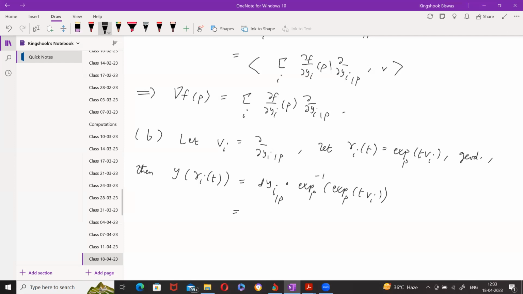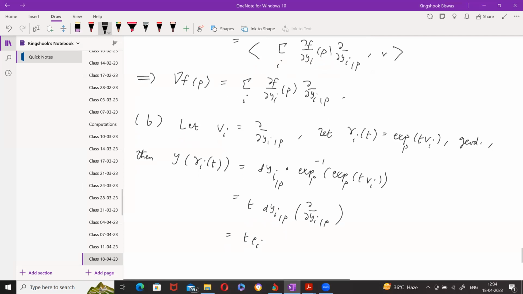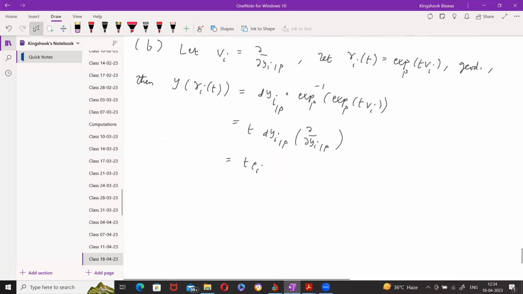So this is t dyi at P of Vi, and Vi is del yi at P. So this is just t e_i. So these geodesics map to straight lines in the direction e_i, right? Yes.